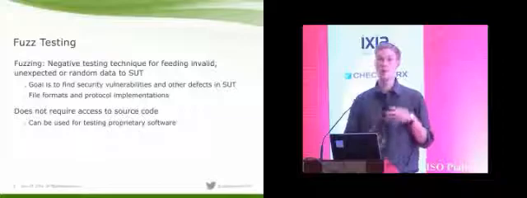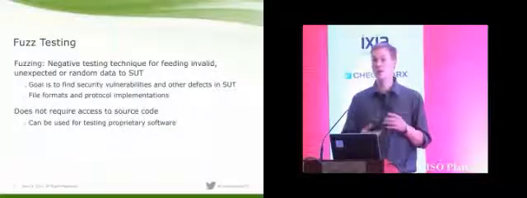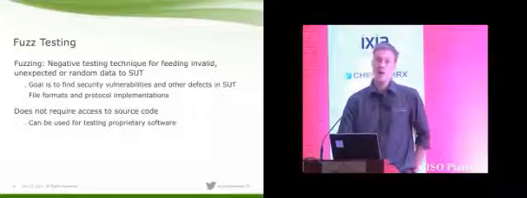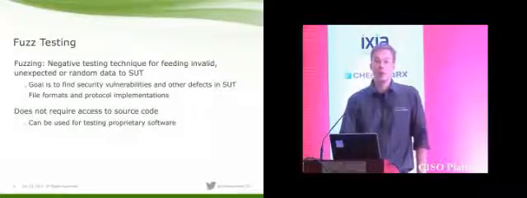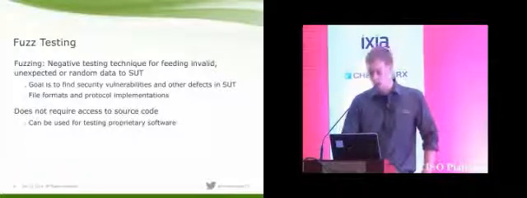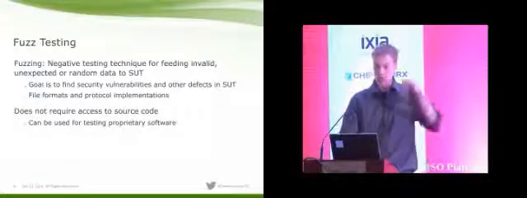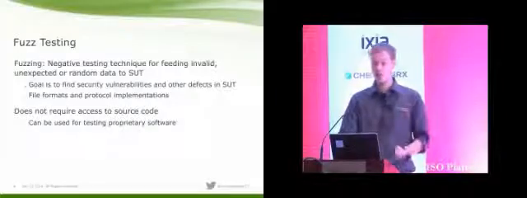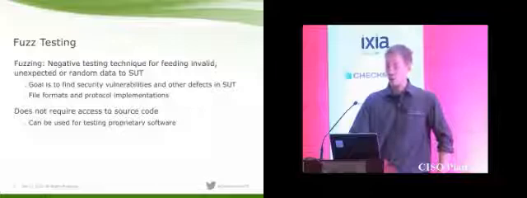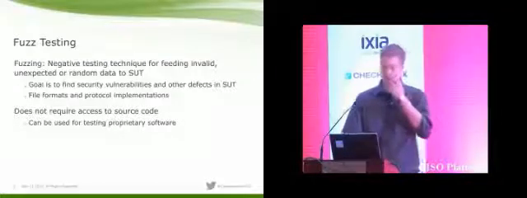So those are, from the security point of view, the interesting cases. Also, APIs and graphical user interfaces, for example, can be fuzzed. But this is about information security. Fuzz testing doesn't require access to source code, so it can also be used for testing proprietary software.